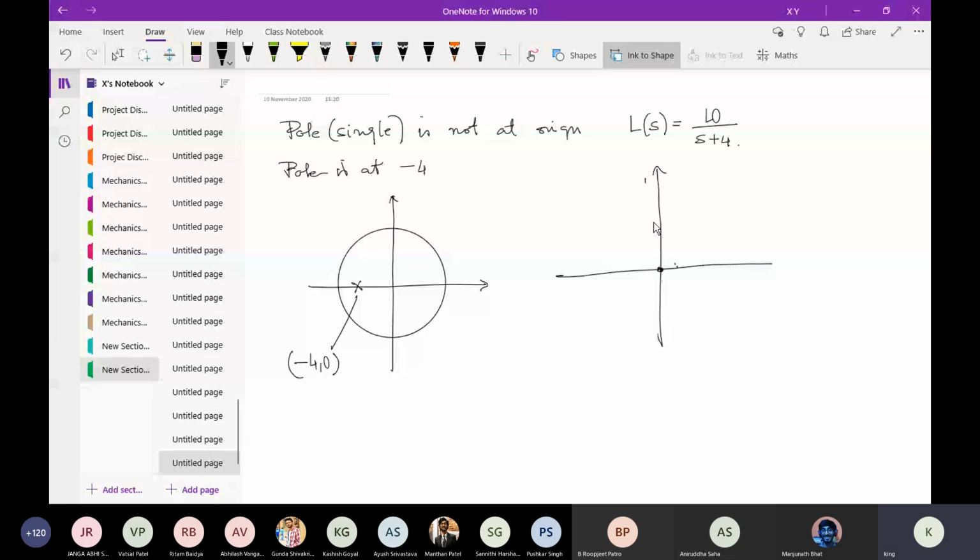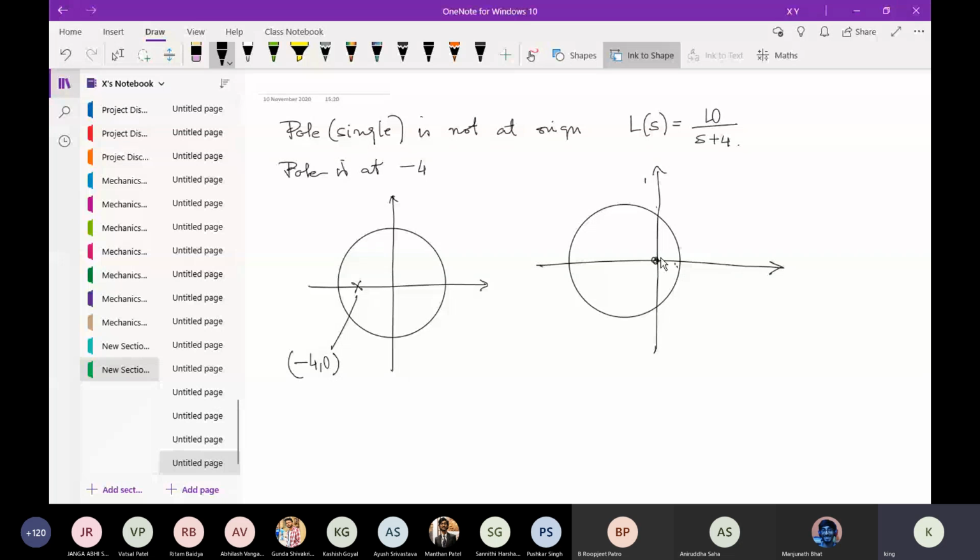So that multiplication by 10 will result in a reasonably large circle, with the origin out here.